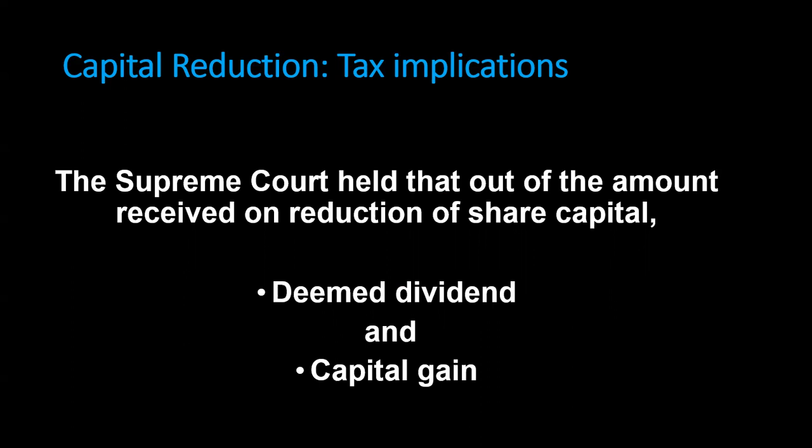And there's a classic judgment of the Supreme Court that any reduction of share capital will result in deemed dividend and capital gain. So therefore, a shareholder of RRL is unhappy because the price is lower than the gray market, and the money received in the hands of the receiver is taxable.